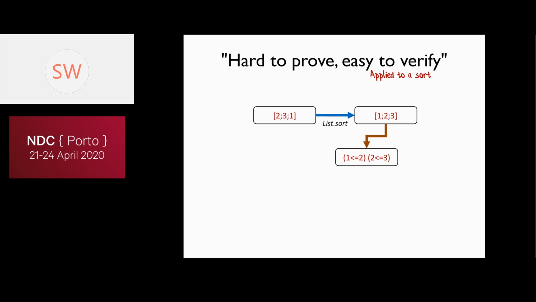So if the individual pairs are related that way, then hopefully the list as a whole is sorted. But again, we need the property that the entire contents is the same, because we could have the evil sort where you just return an empty list, and that would pass too. So that's a quick way of verifying that something is sorted.